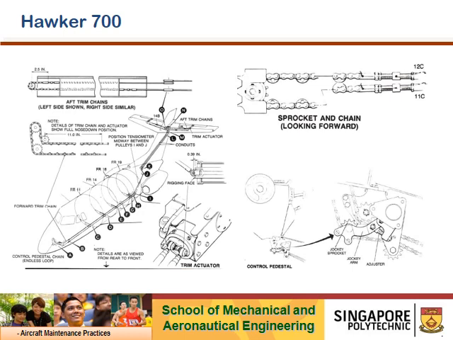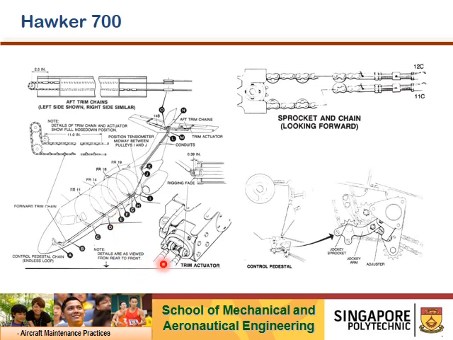All right, this is our Hawker 700 on our Aero Hub displayed. This is a 1970s design aircraft, so at that time, with limited options and technology advancement, it is a pure mechanical control aircraft. You can see the control columns, and in this case, this goes to the elevator.